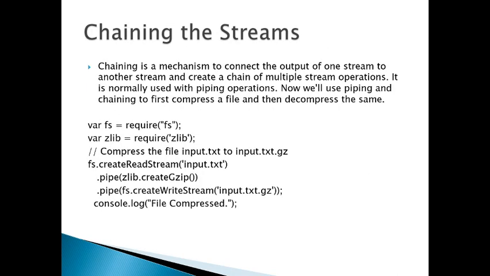Chaining the stream: you can chain the streams. You can send the output to multiple streams, or you can chain them. This is a very good concept. Like in this case, you are taking the input.txt file stream and piping it to this function, and the output of this will be piped to the next function, and that is finally a createWriteStream. So you are chaining the output.